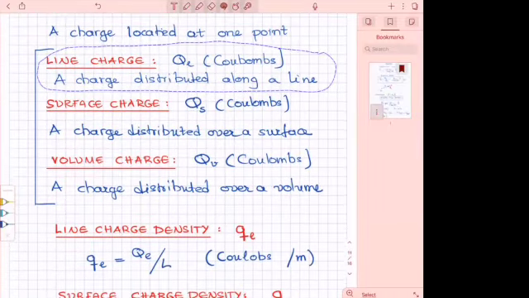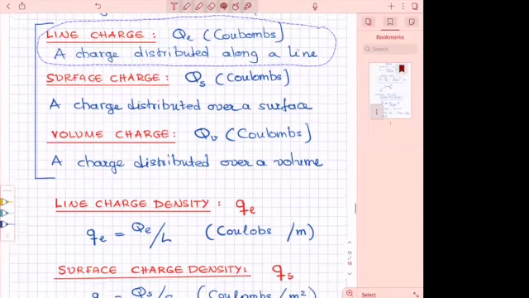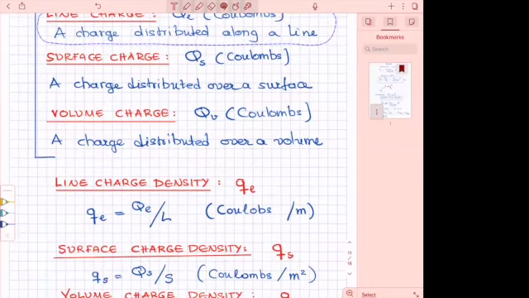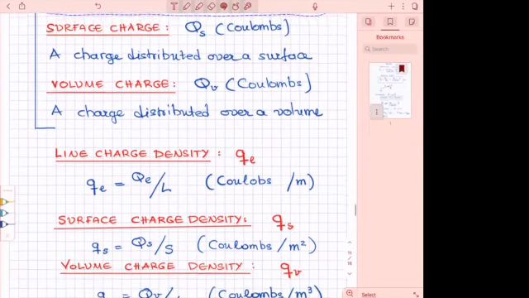The whole charge, Q sub L, on this line is still in coulombs, but it's called the line charge for now. If it distributes on a surface, the whole charge, even if distributed, is in coulombs, but it's called a surface charge, and then a volume charge.